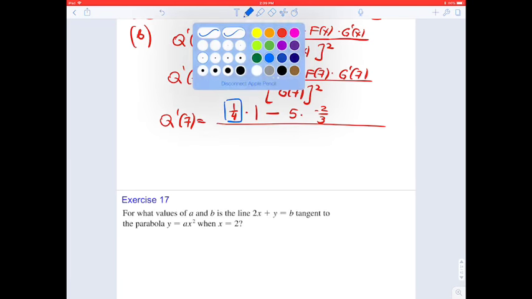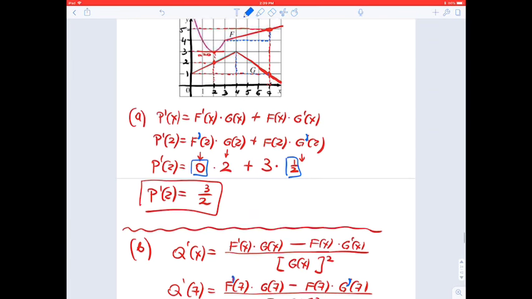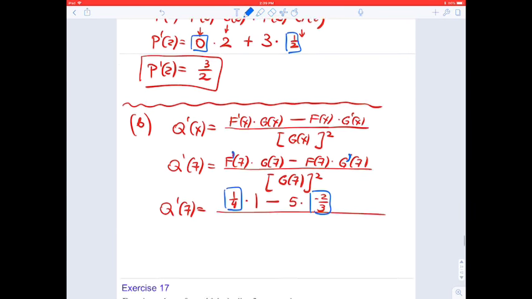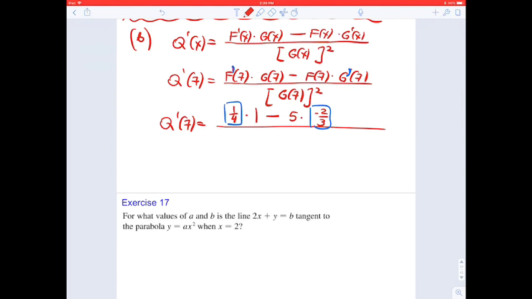Please remember, it's not a value. Derivative on the graph means slope. Okay, and the value of the denominator is the value of f at 7, which was 1 squared, which we can ignore. Okay, it is 1/4. Negative and negative is positive. 10 over 3.